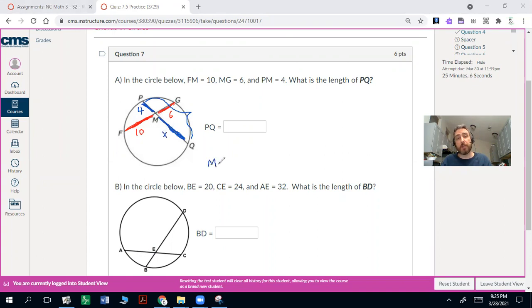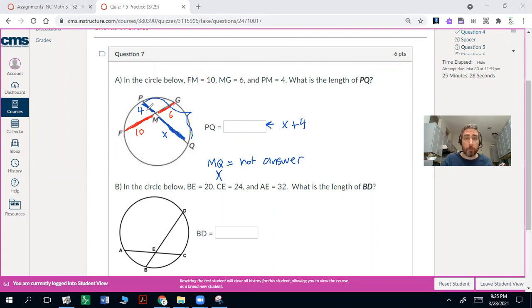MQ is not the answer, but we have to solve for it first. So we're going to call that x, but x is not what PQ is. x plus 4 is going to be what PQ is. So let's first get x.